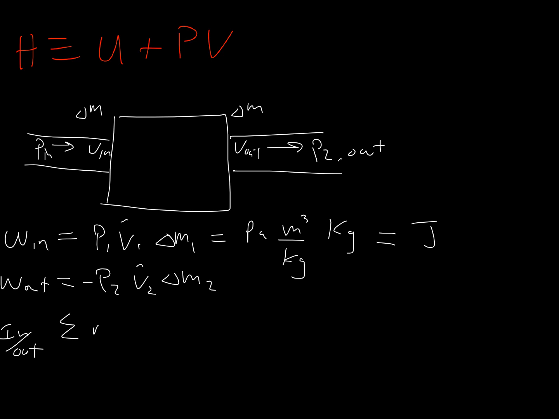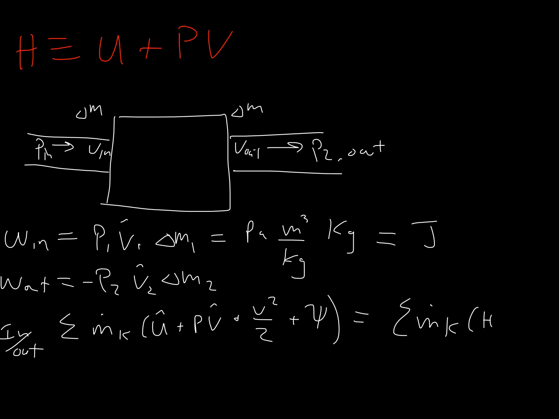So summing up all the streams, we have a mass flow rate, we have internal energy coming into the system, we have PV coming into the system, because you're physically pushing it in, and we have the velocity and potential energy. We can just combine the U and the PV, and that's where we get the enthalpy term from.